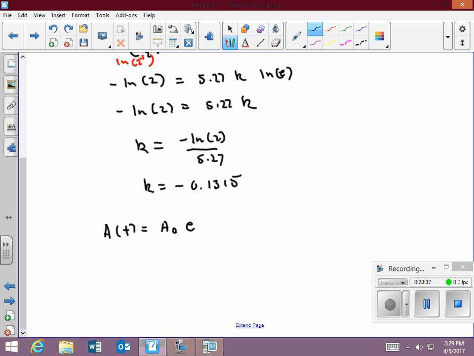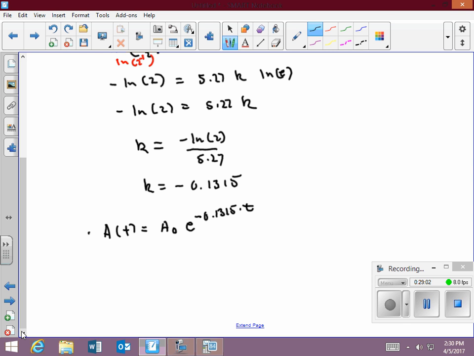E to the constant of, this minus 0.1315 times T. So this would be the general formula for that particular isotope.